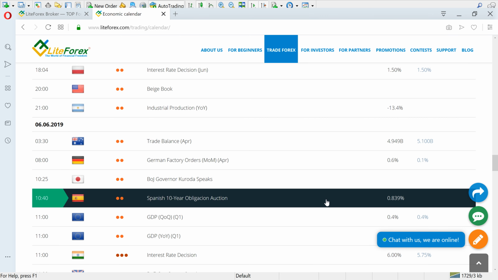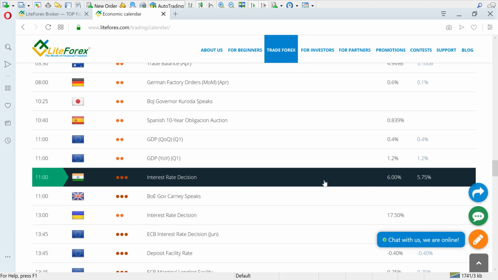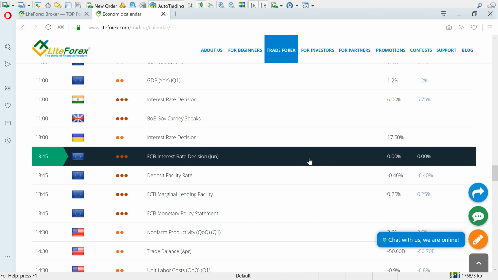On Thursday, brace yourself for the meeting of the European Central Bank. It is clear that the European economy is in a very weak condition right now, and trade wars may have a negative impact on it, driving it even lower. German retail sales went down in April.